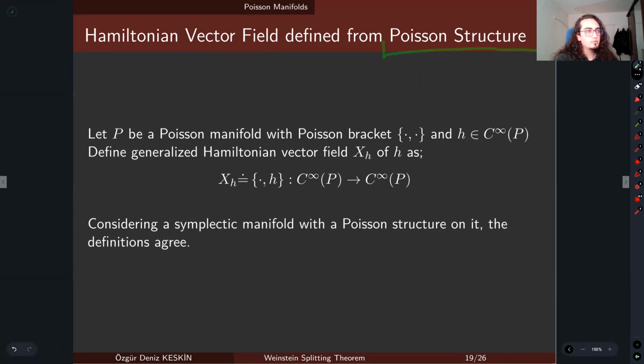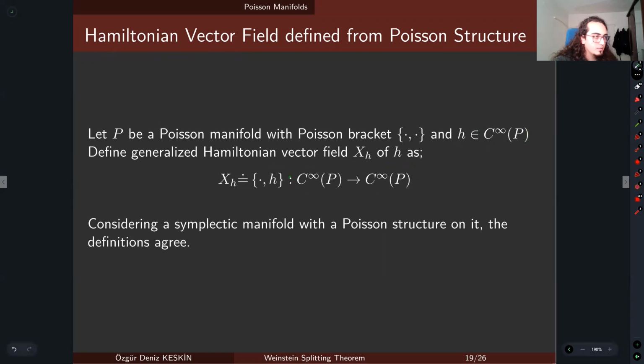And if we have a Poisson structure, we can define a generalized version of Hamiltonian vector fields. And it is actually done in the same manner. If we think of H in C-infinity functions on P, when we feed the bracket with H, the map goes from C-infinity to C-infinity.